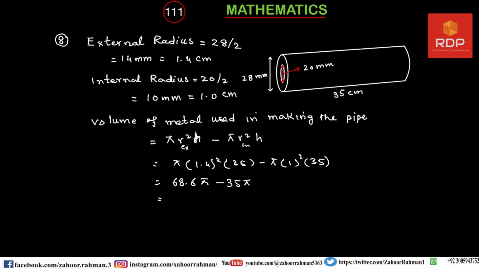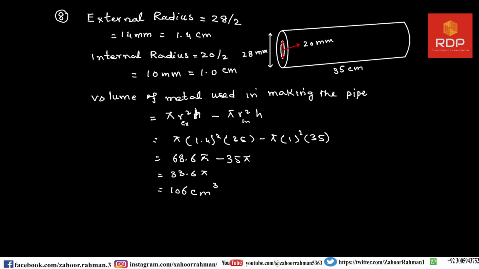When we subtract, we get 33.6 pi, and when we insert the value of pi and calculate it, we get 106 centimeters cubed to three significant figures. Now let us do question number 9, and first we have to understand the question.